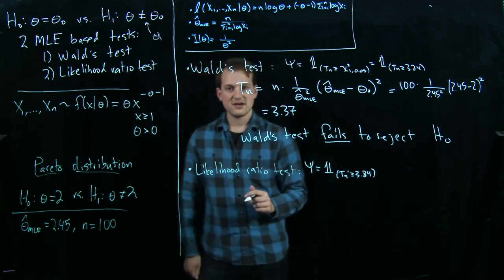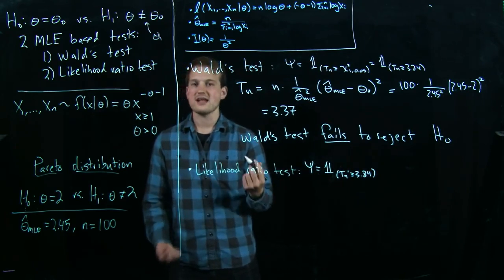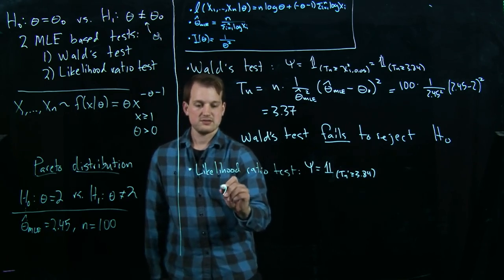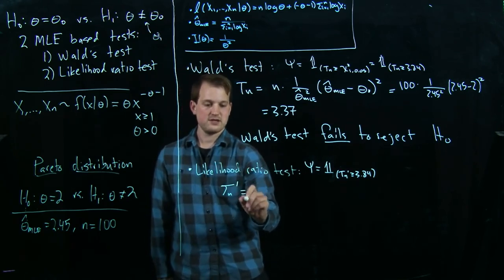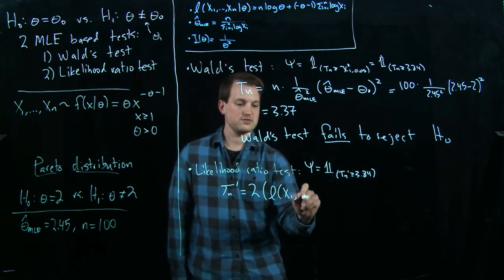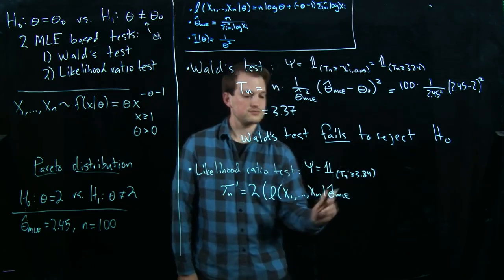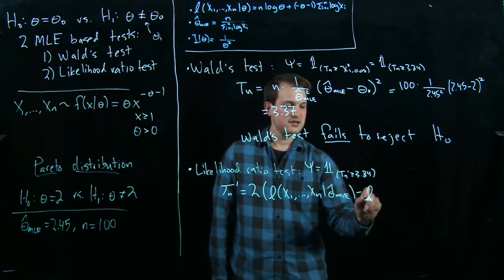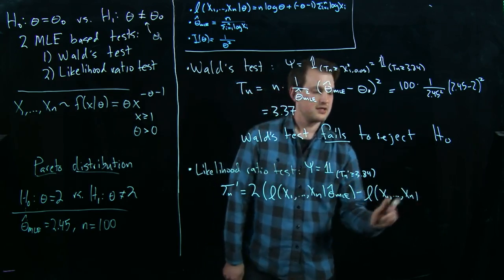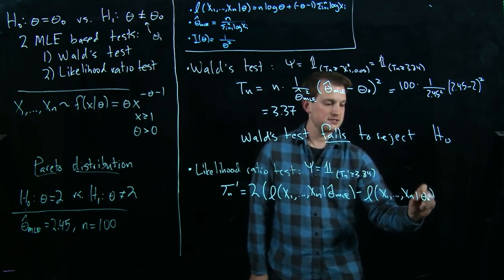Now in the other case, let's calculate Tn prime from the likelihood ratio test and see whether or not it rejects the null hypothesis. Remember, Tn prime equals 2 times the likelihood of x1 to xn given theta hat MLE, minus the likelihood of x1 to xn given theta naught.